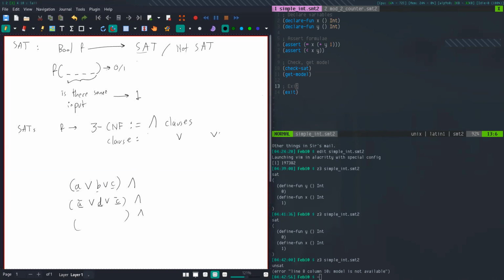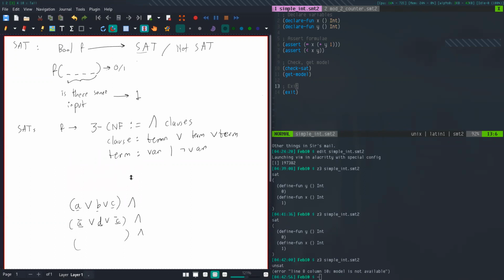We have clause, clause, clause, and term is just going to be either var or not of var, right? Vars are variables. So SAT solvers require a formula in this particular 3CNF form.